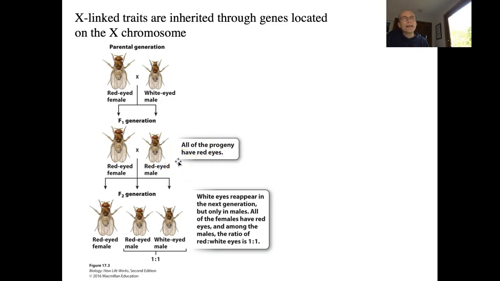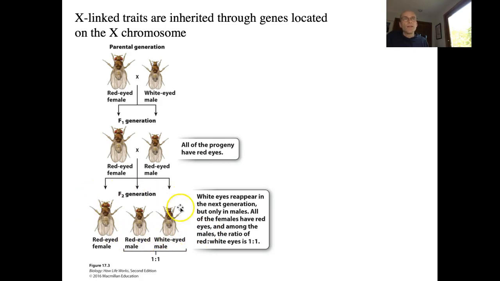And then in the next generation, white eyes reappeared, but only in the males. And that is curious, right? Why would it not also reappear in the females? All of the females had red eyes, and among the males there was a 1-to-1 or 50-50 ratio.